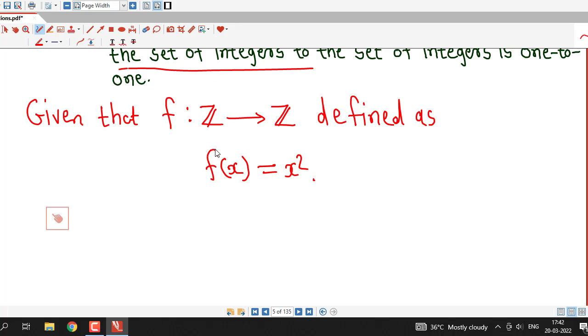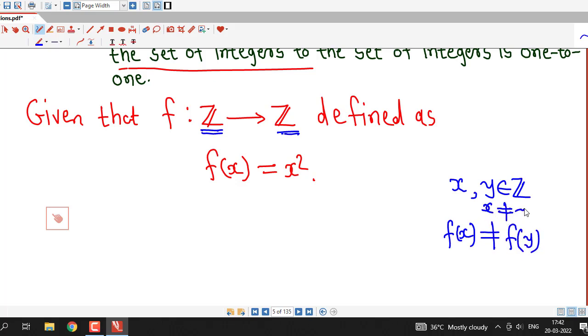So we can think whether, if we take any two elements from the domain, their images will be distinct or not. If I take any two integers x, y in the domain, and if x and y are different, then are f(x) and f(y) different or not?